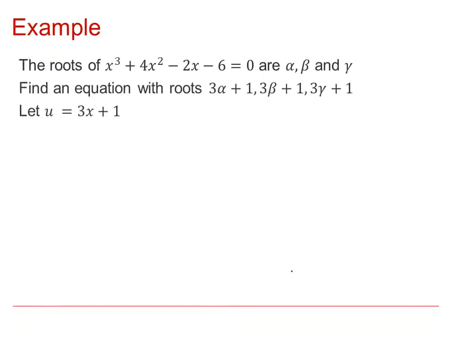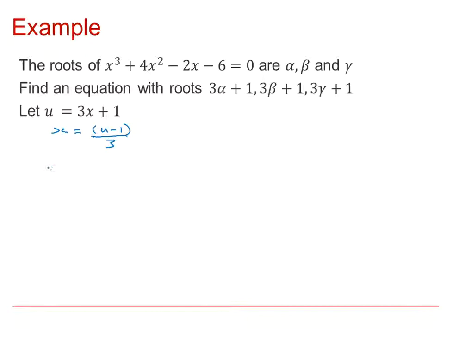Let's introduce a new variable u, which is 3 times the old variable x plus 1. In other words, x is the same as u minus 1 over 3. So if we now substitute for x in the original equation, we should be able to create a new equation with new roots called 3 alpha plus 1, 3 beta plus 1, 3 gamma plus 1.